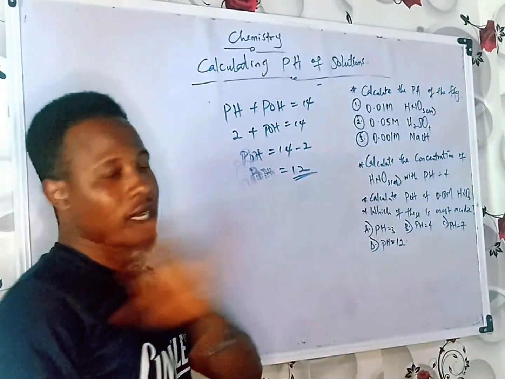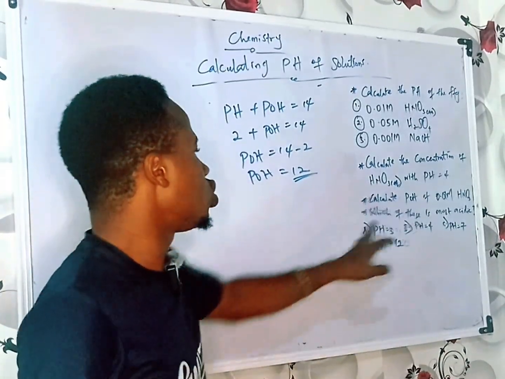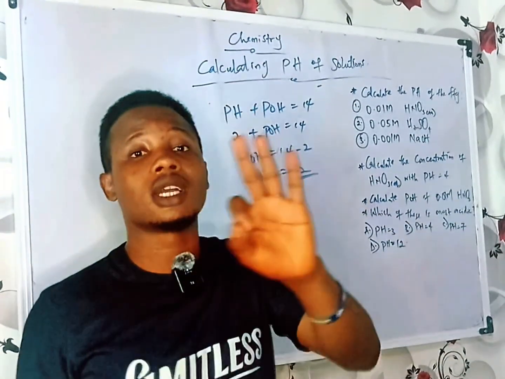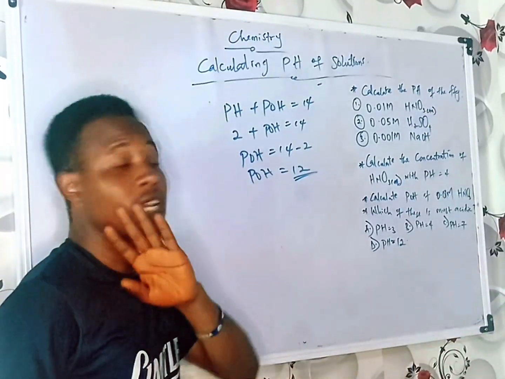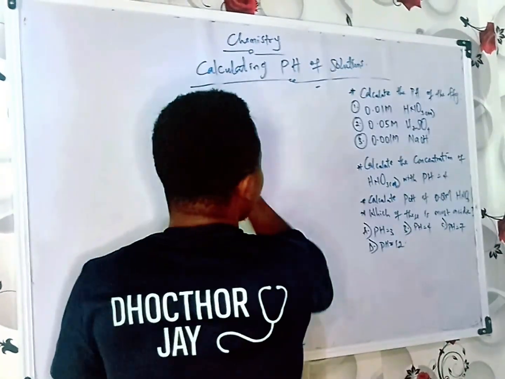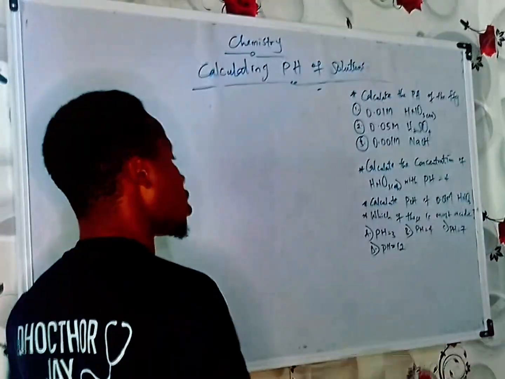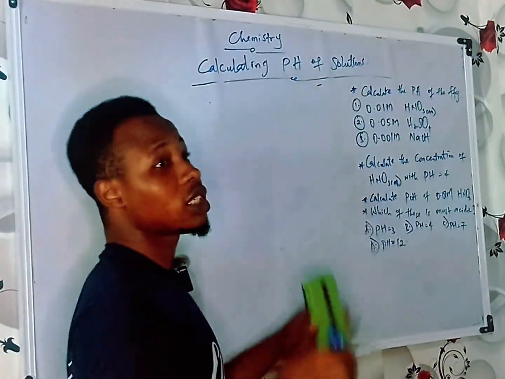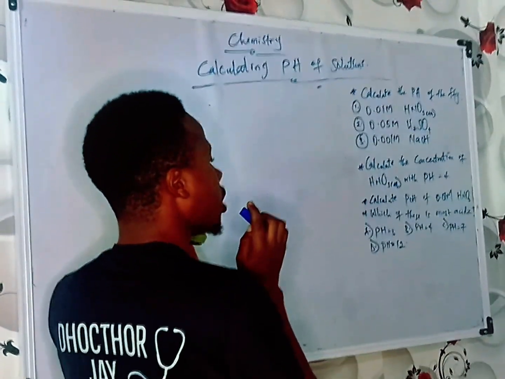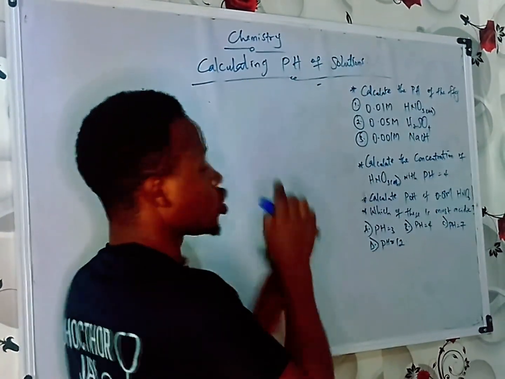Now, what is the last one I'm going to do? I'm going to do 2. You're also going to do 3, making 3 exercises that I have for you in this video. All right. So this one says, which of these is most acidic? Okay, which of these is most acidic? Now we are going to just get their acidic nature, and we'll be able to use it to compare.